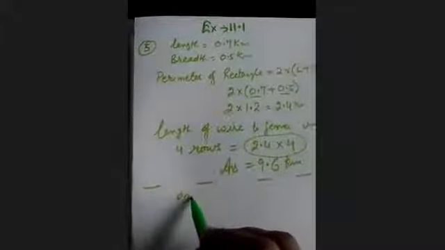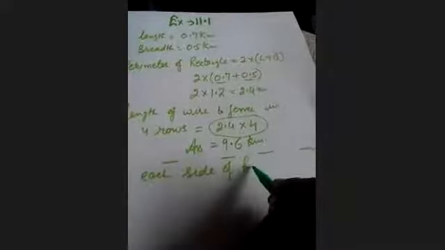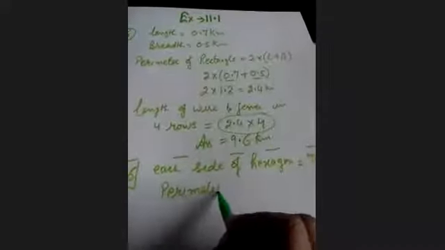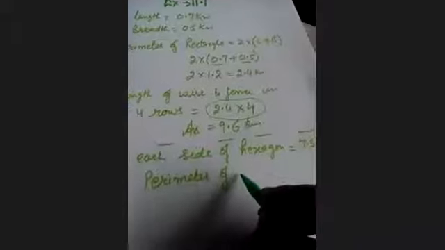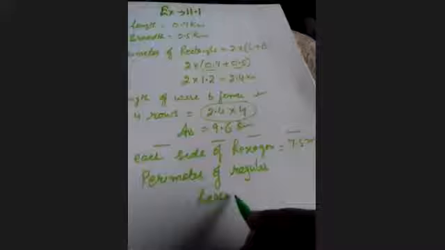Each side of the hexagon is 7.5 meter. So for the sixth question, the perimeter of a regular hexagon is 7.5 multiply by 6.